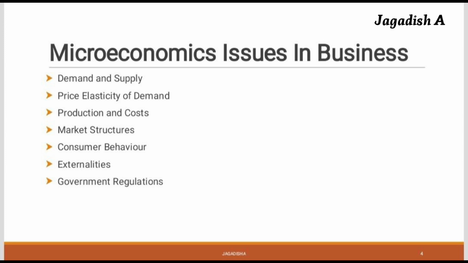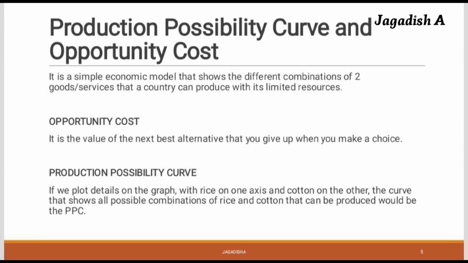The last issue, that is government regulation. Introduction of GST in India streamlined the tax system but required business to adjust their pricing, supply chain management and accounting policies. The next concept is production possibility curve and opportunity cost, popularly called as PPC.